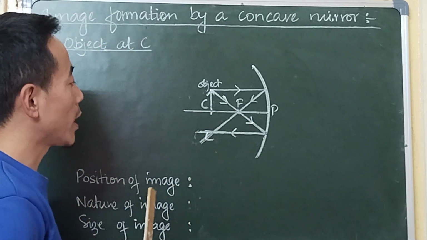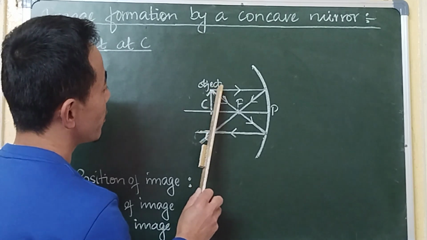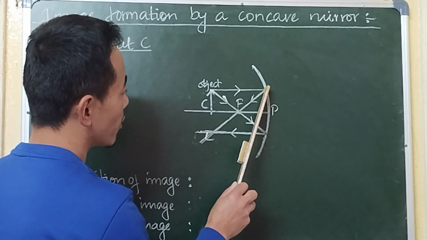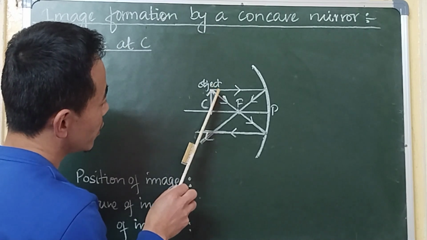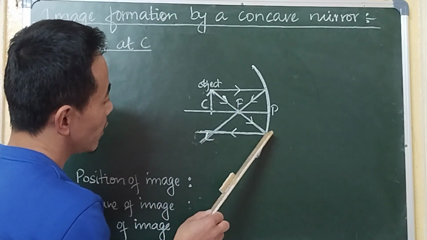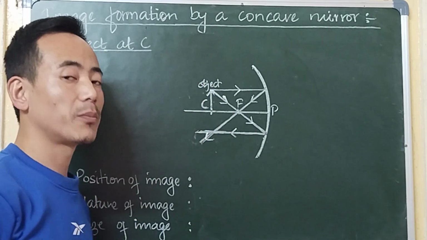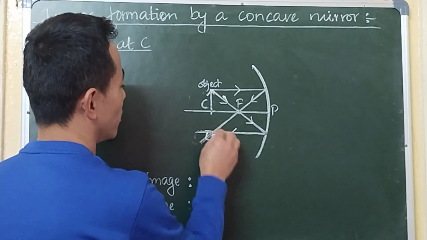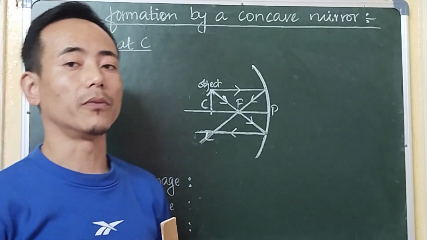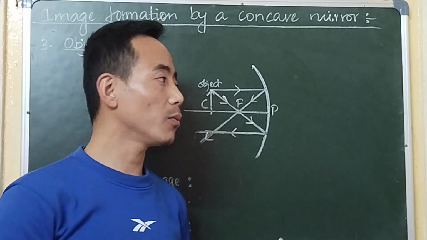So which two rules have we used here? The first one is parallel with the principal axis. After reflection, it passes through the focus. The second rule that we have used is if the incident ray passes through the focus, the reflected ray becomes parallel with the principal axis. So wherever the reflected rays intersect, we will get the image of this object. And from there, what we have to do?